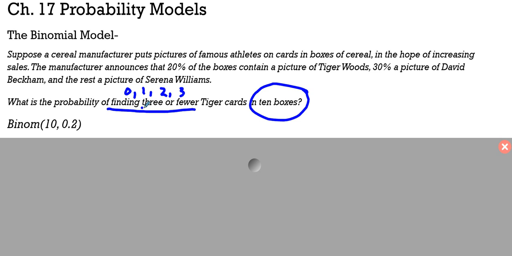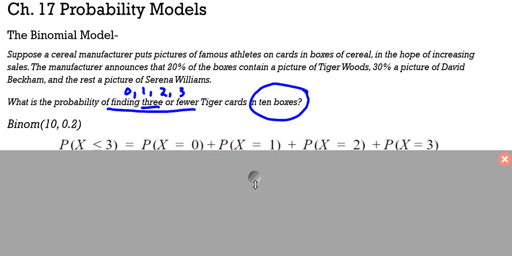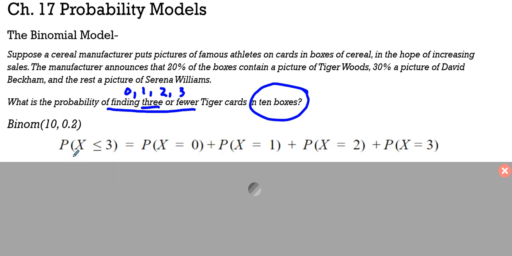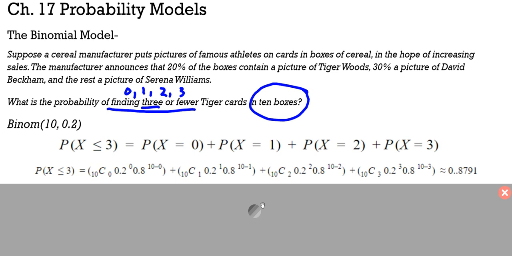So 3 is something we need to count. Now we dress it up. We want to find the probability that x is 0 plus the probability that x is 1, and so on and so forth. And we write that out.